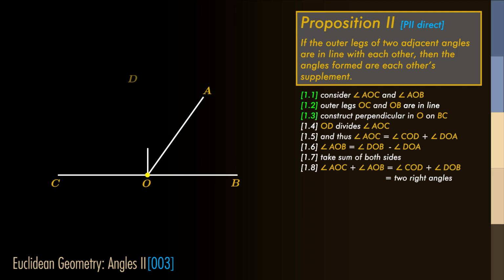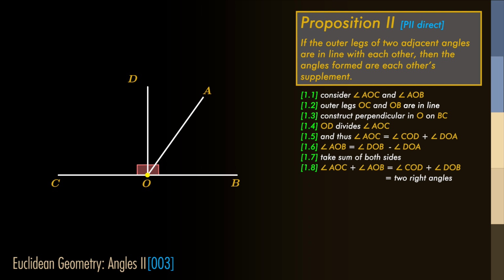Now construct the perpendicular in O on BC. We have AOC equals COD plus DOA, and AOB equals DOB minus DOA. Let's take the sum of both sides of the equation.